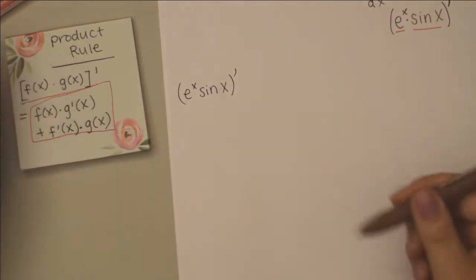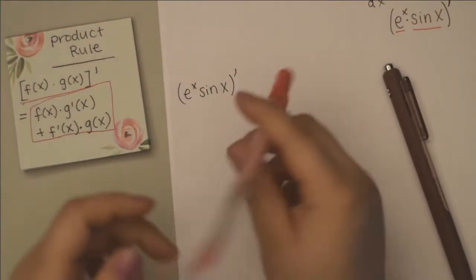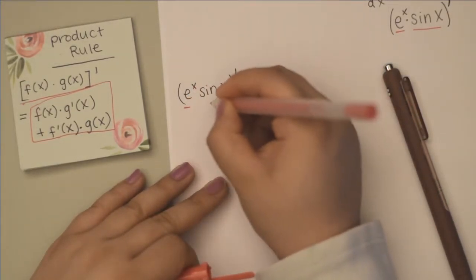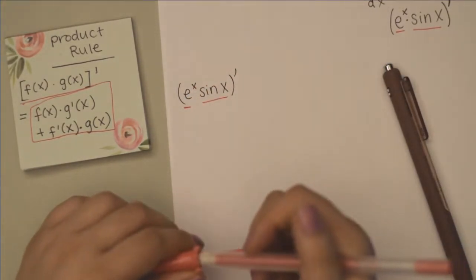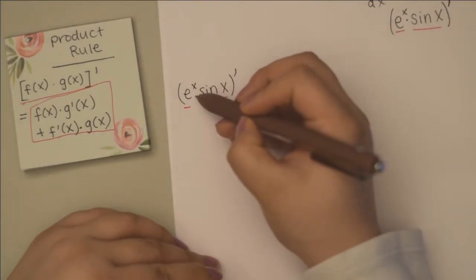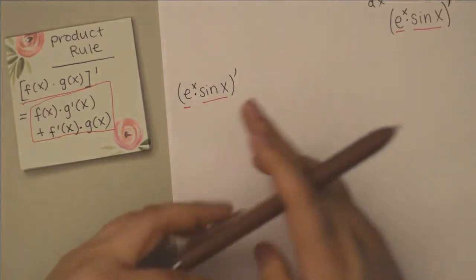So first I need to notice that I'm multiplying two functions of x. Basically just stuff with x, and they're multiplied.